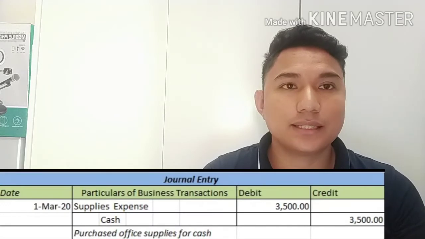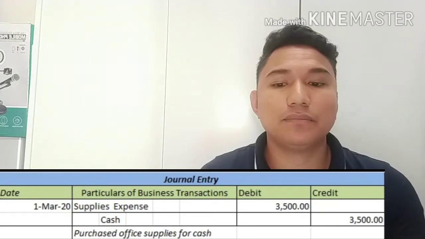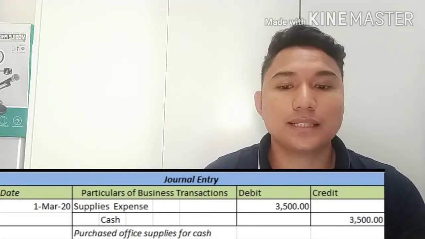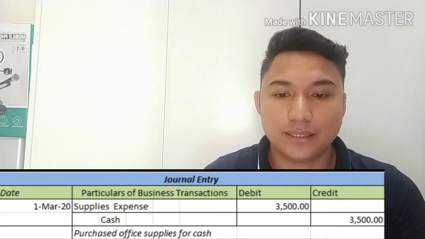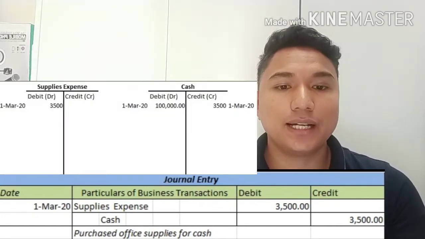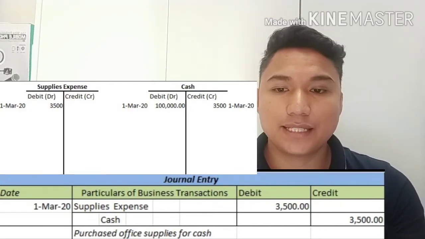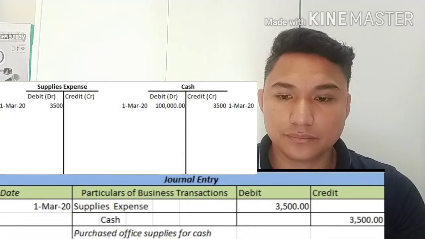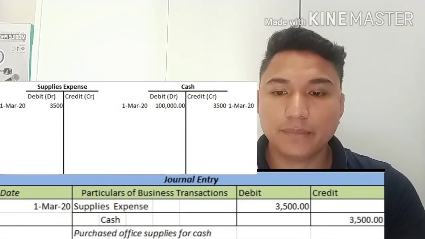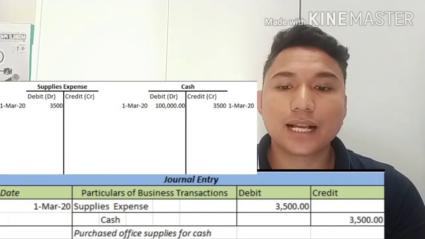Next, the third transaction is an entry of debit office supplies expense, credit cash 3,500, because we purchased office supplies on a cash basis. So in the T account, we have to put the office supplies expense, debit 3,500, and we have to put the cash here.